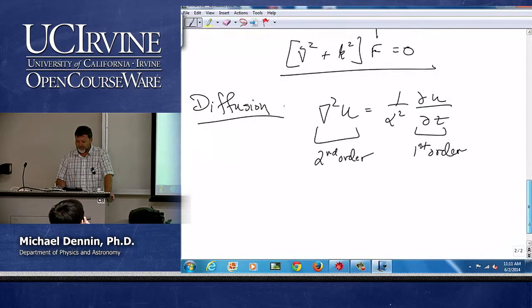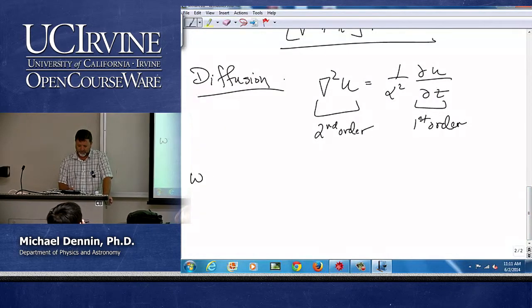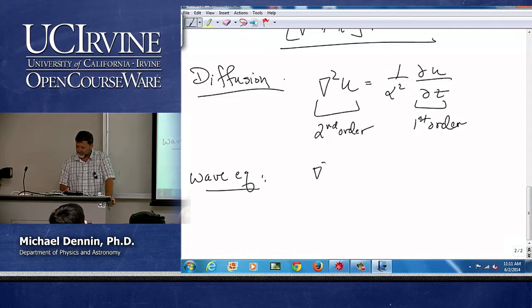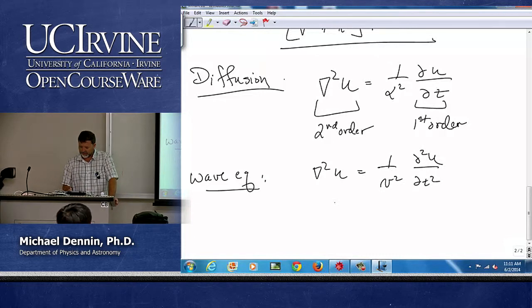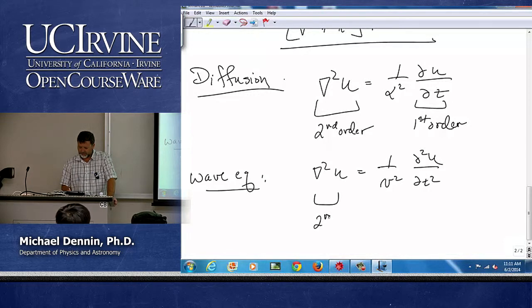And we contrast that with the wave equation, which is del squared u equals 1 over v squared d squared u dt squared. And now you see they're both second order.